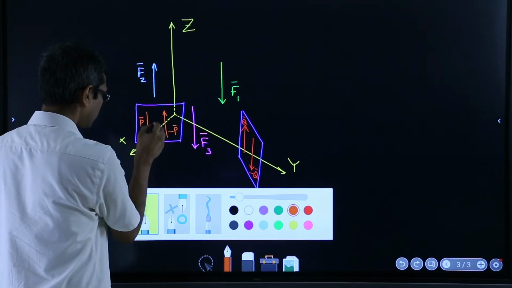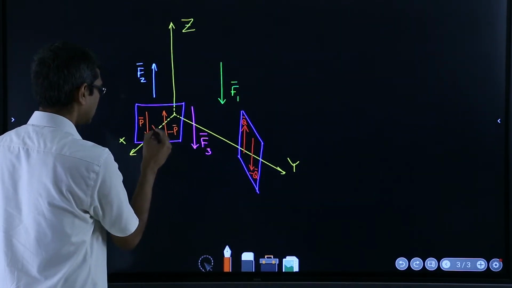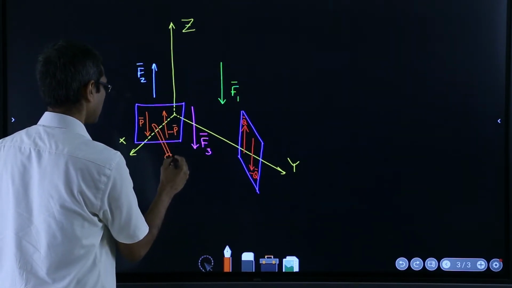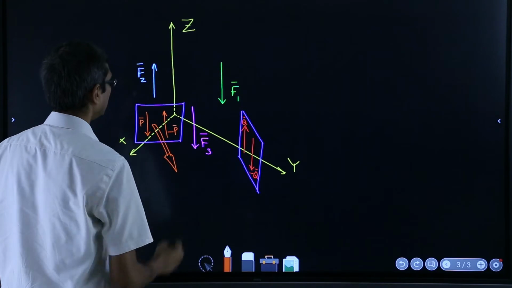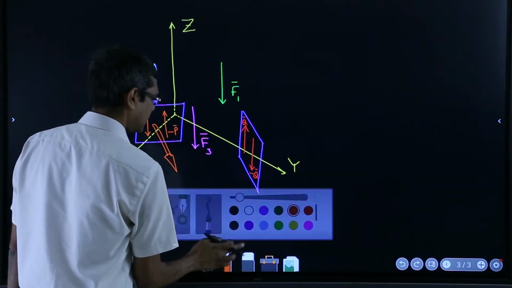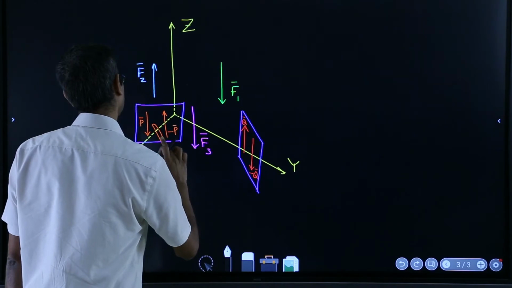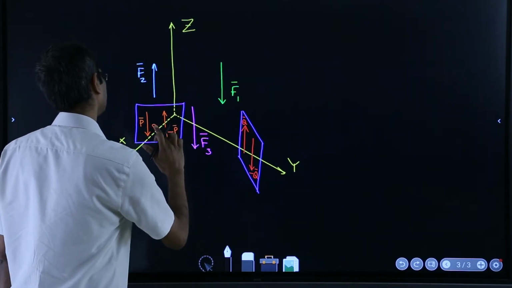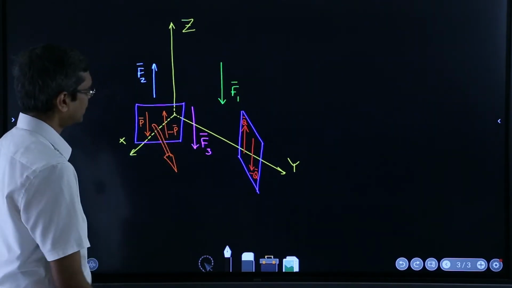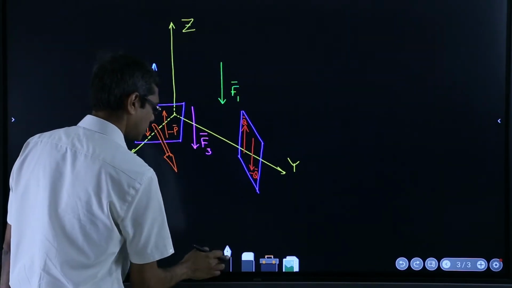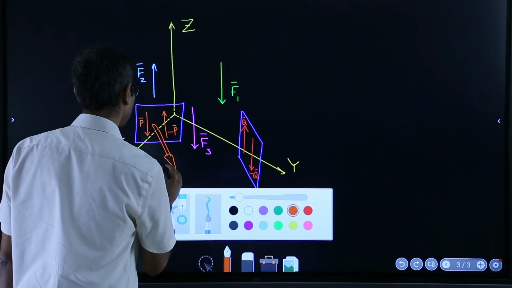Fine. Now let me draw the moment which corresponds to this couple. Let me try to draw that in this direction. So this is our couple, which I'll call C1.